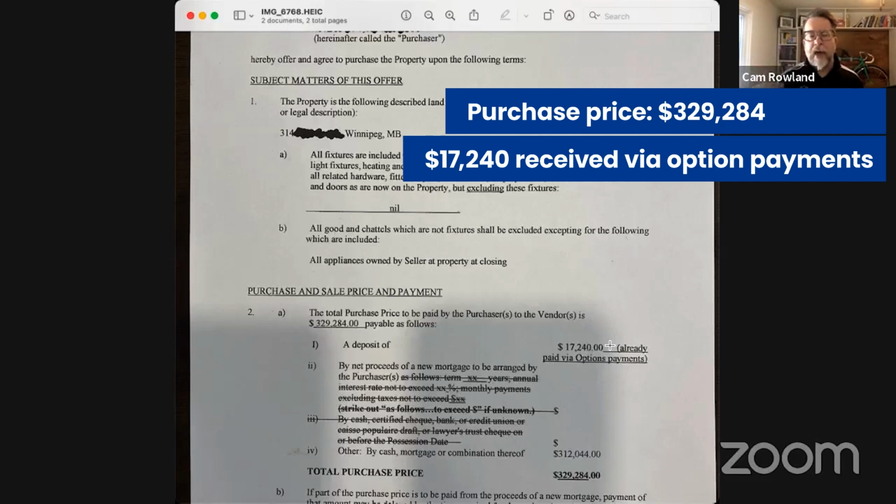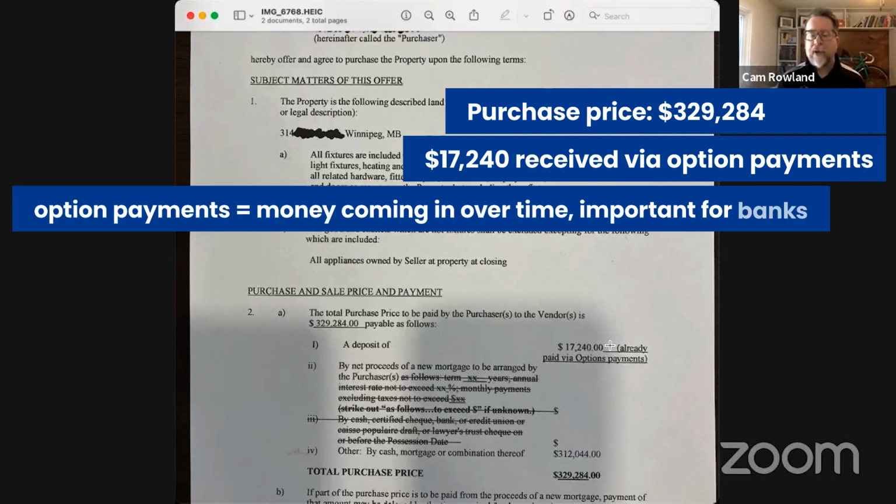This shows that the payments came in via the option payments, which means over time, right? So typically what happens is the bank will likely want to see the paperwork on the option. Sometimes they don't, but if you're new to this with the bank, they'll want to see proof of that money coming in.